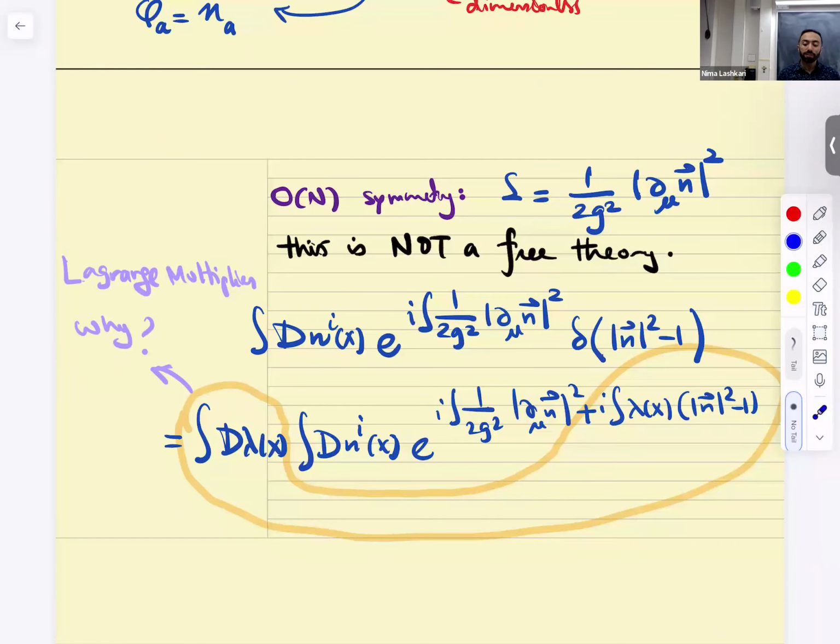This is not a free theory. It looks like a free theory, except that I have these interactions coming from the constraint that n squared has to be 1. I can put this constraint inside the path integral, and there is this beautiful Lagrange multiplier trick to write down the Dirac delta function as just its Fourier transform, a functional Fourier transform.